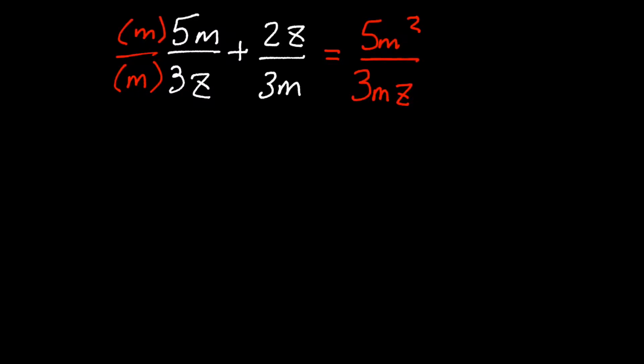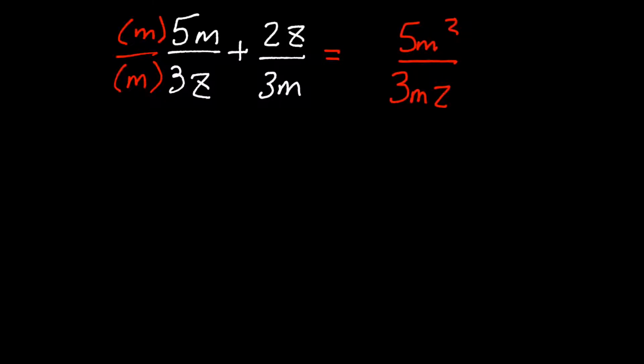Now that we have a denominator of 3mz, what we're going to need to do is get a common denominator of the same thing from here.